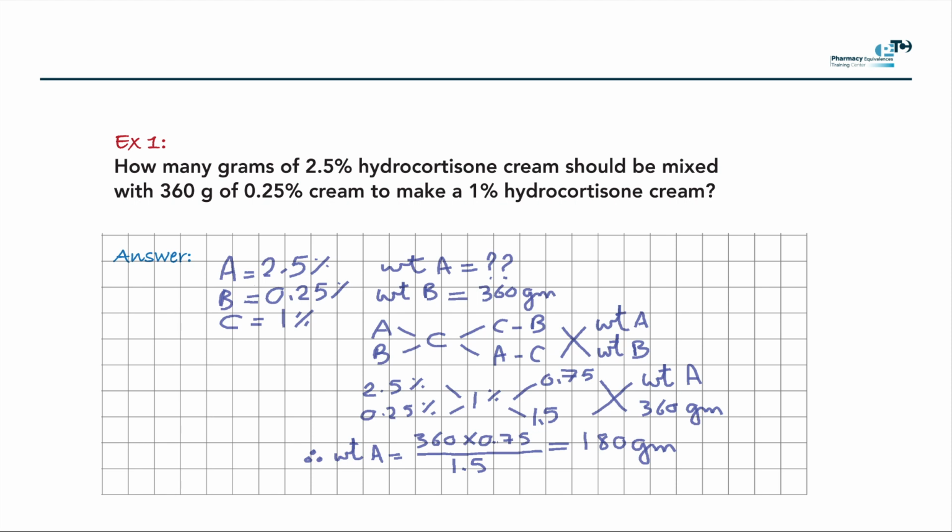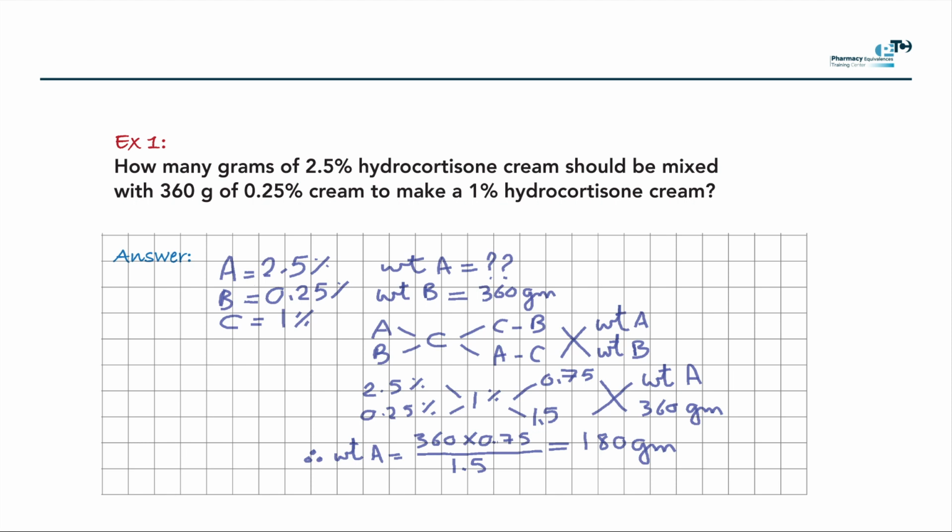And the weight given here, which one has this weight? He said mixed with 360 grams of 0.25%. So it is the weight of B. Here, what does he need from this problem?